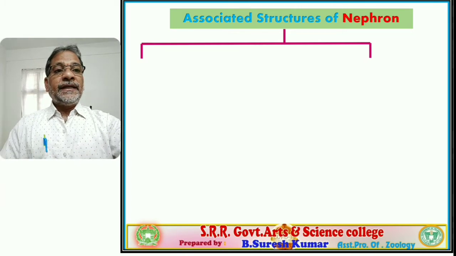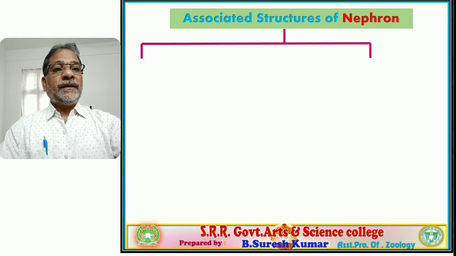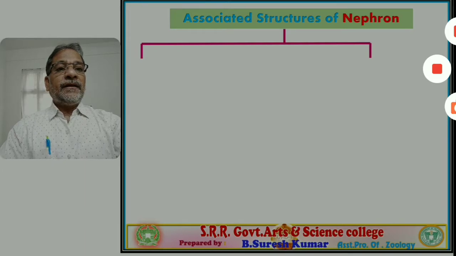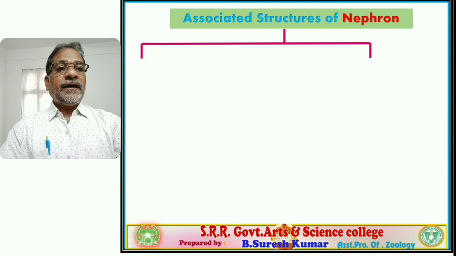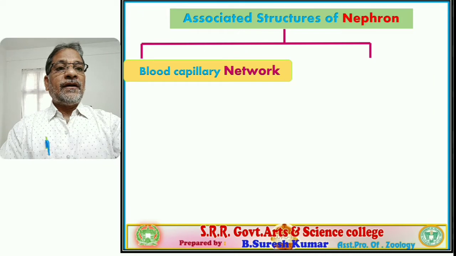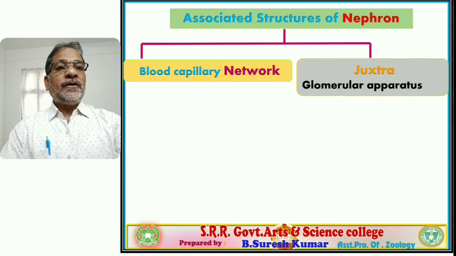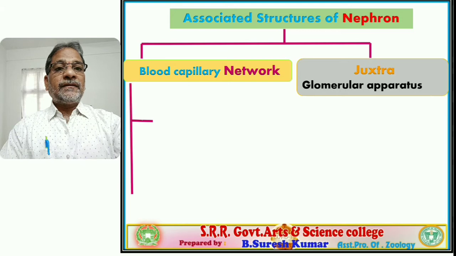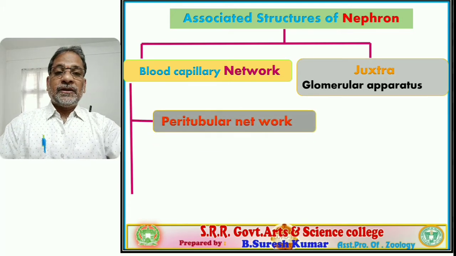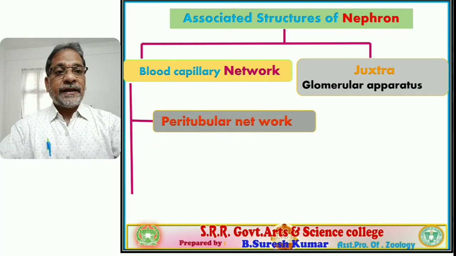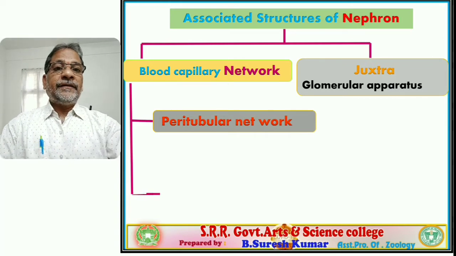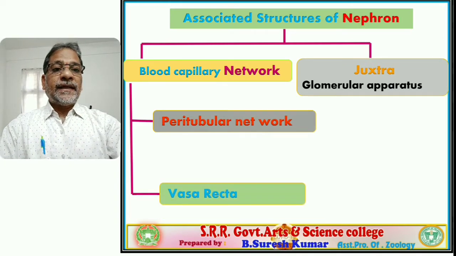Some associated structures are also present in the nephron. The associated structures are the blood capillary network and the juxtaglomerular apparatus. The blood capillary network includes the peritubular capillary network and the vasa recta.